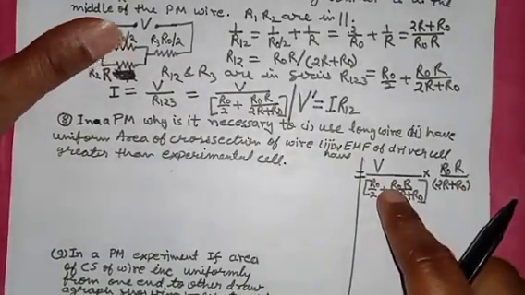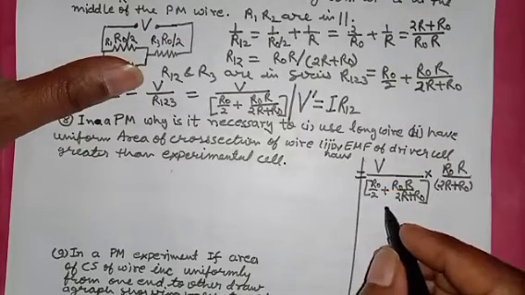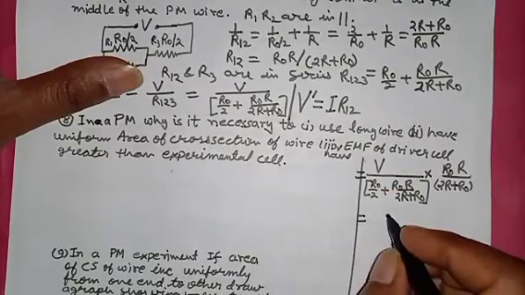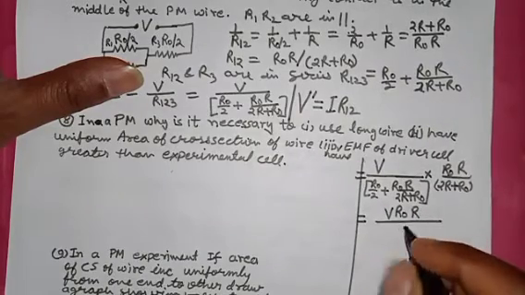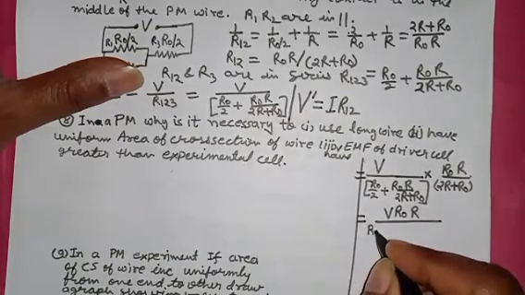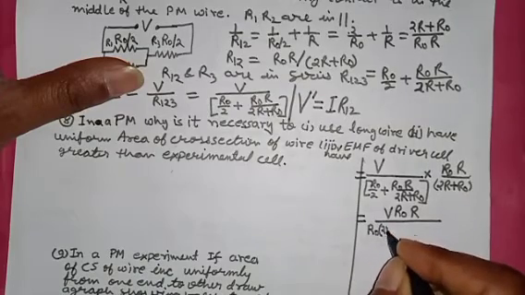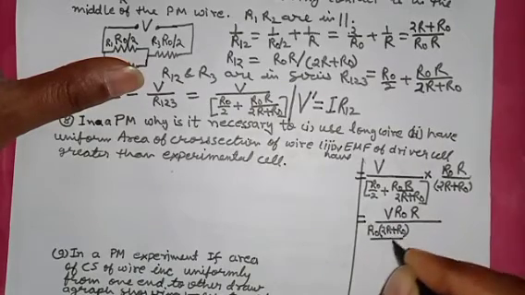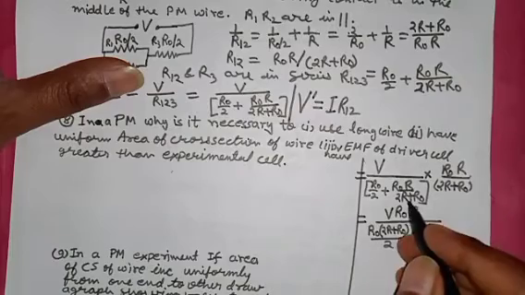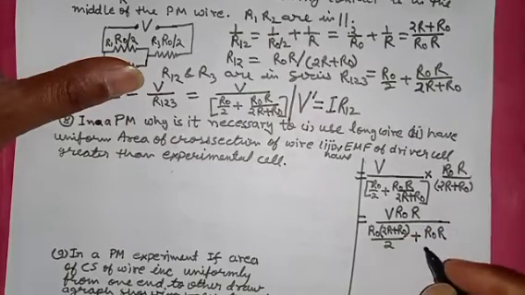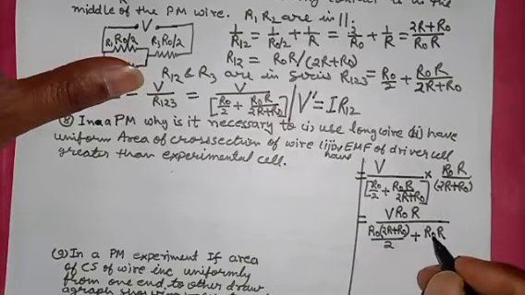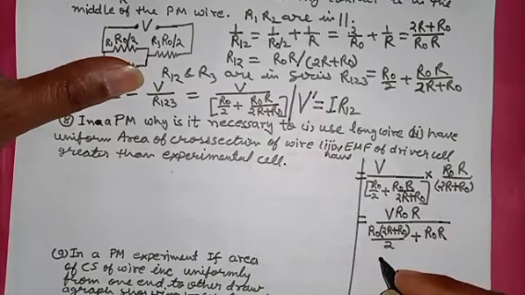If we multiply it here, then it will be V R naught R upon R naught by 2 plus, and both will get cancelled, R naught R upon 2R plus R naught. And if we take the LCM, this 2 will go in the numerator.